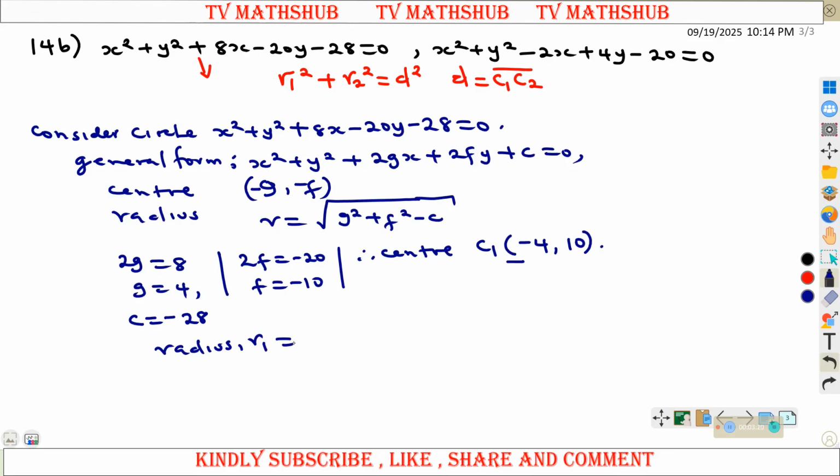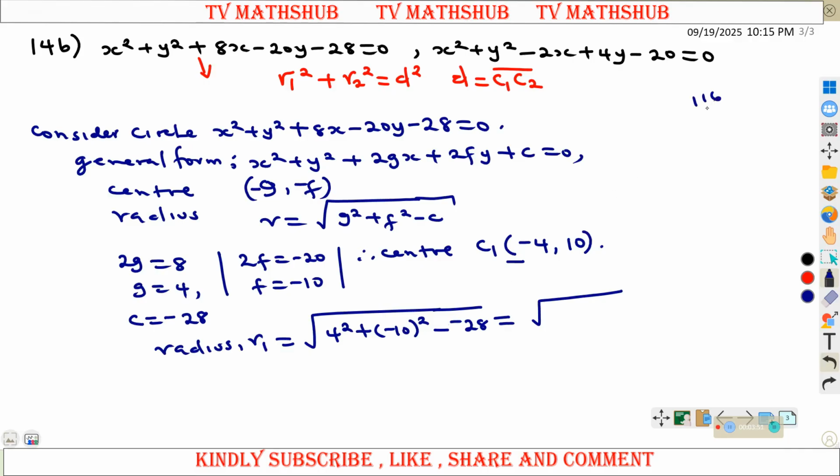R1. So the radius R1 will be the square root of g squared plus f squared, that is 4 squared plus negative 10 squared. Then we are subtracting c, which is negative 28. So this will be the square root of 4 squared, that is 16, plus 100, plus 28.